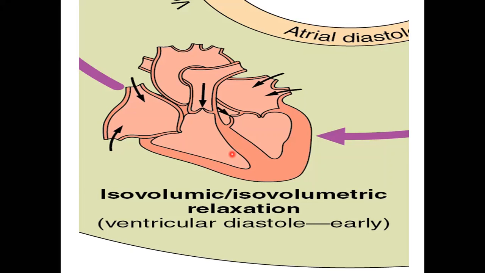AV valves do not open because the intraventricular pressure takes a little time to fall below the auricular pressure, which reaches the maximum at this stage as blood does not enter the ventricles. There is no increase in the volume of the ventricles. The isovolumetric relaxation phase takes about 0.08 second.